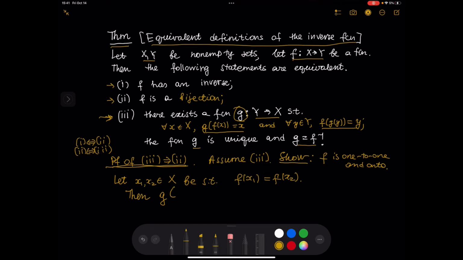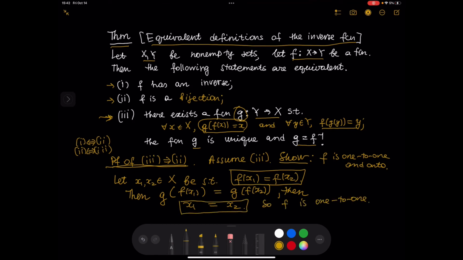So then g of f of x1 is equal to g of f of x2. However, g of f of x1 by the statement III is equal to x1, and g of f of x2 is equal to x2. So we show that x1 is equal to x2. So f of x1 equals f of x2 implies that x1 is equal to x2, so that means that the function f is 1 to 1.